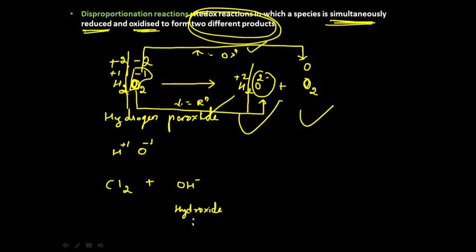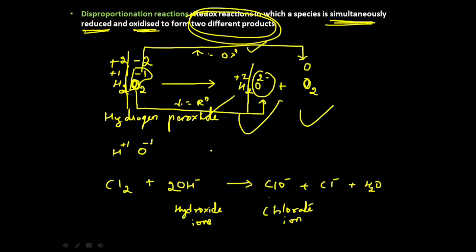And that will give ClO minus, which is the hypochlorite ion, plus Cl minus, which is chloride, and along with that we will get water. So when we balance this we will get 2 OH minus here.